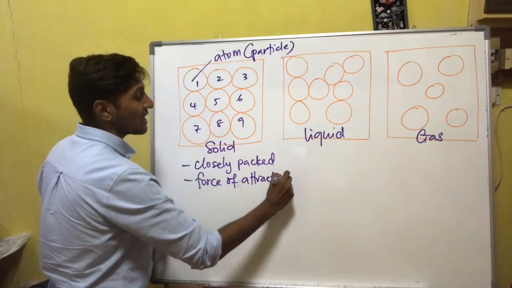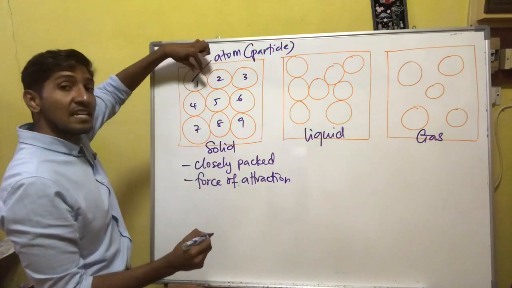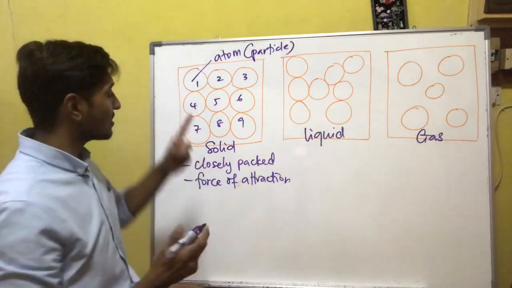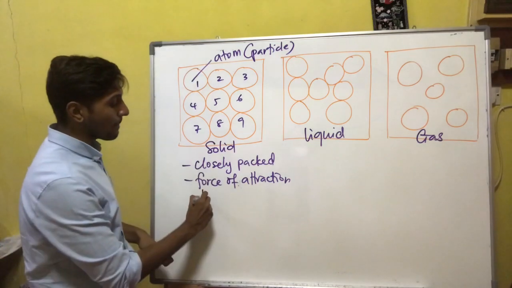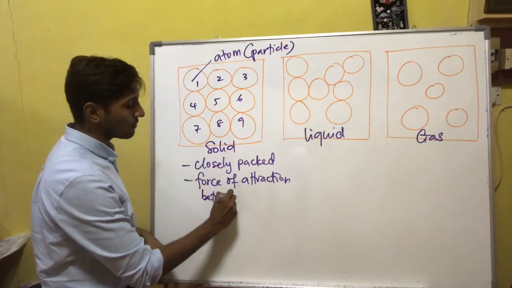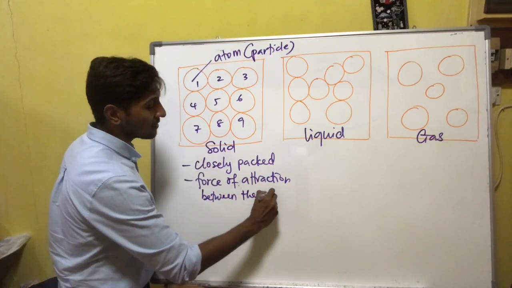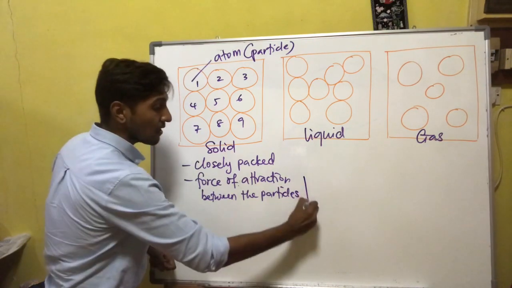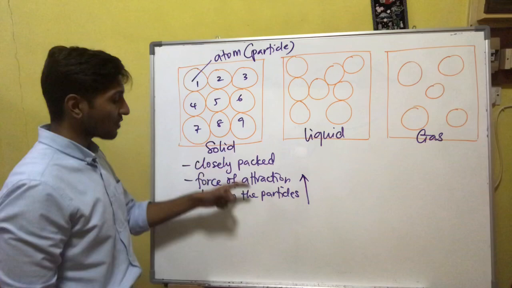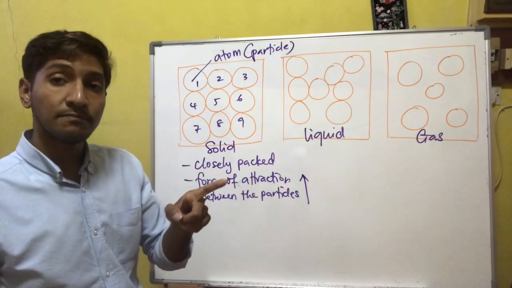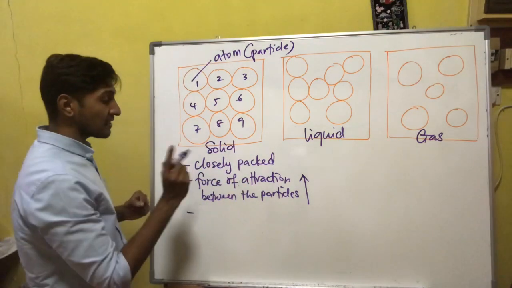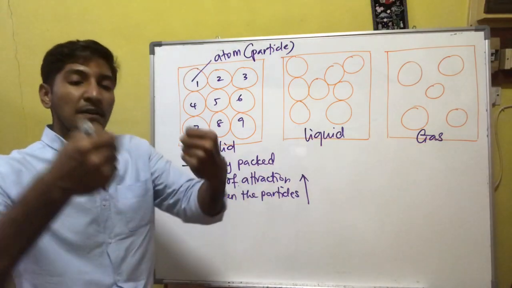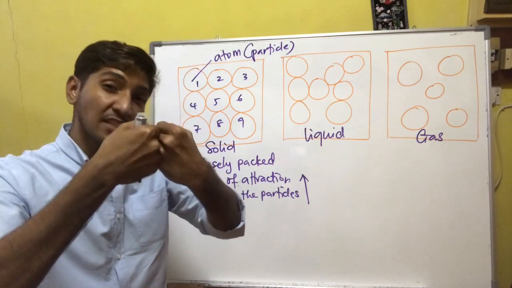Therefore, in solid, since it is closely packed and very close to each other, the force of attraction between the particles is high. And the third one is that when the force of attraction is high, they are sticking to each other.